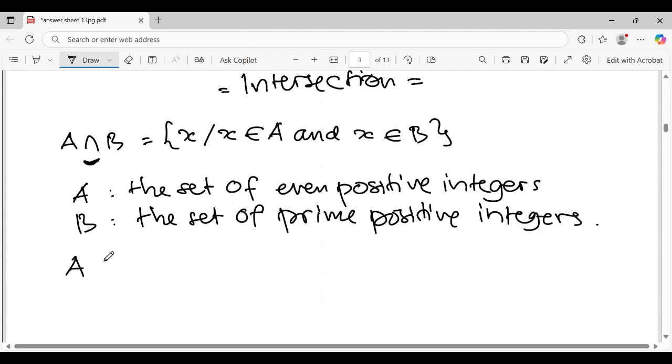So A's elements are 2, 4, 6, and so on. How about B?